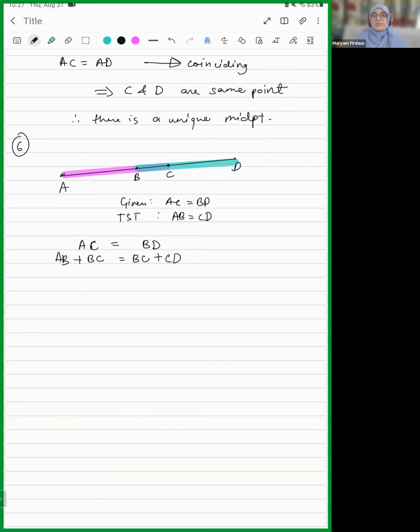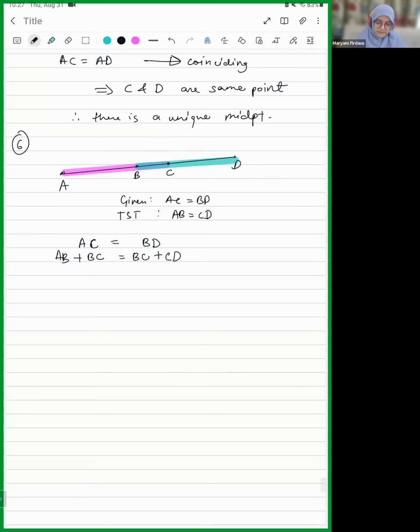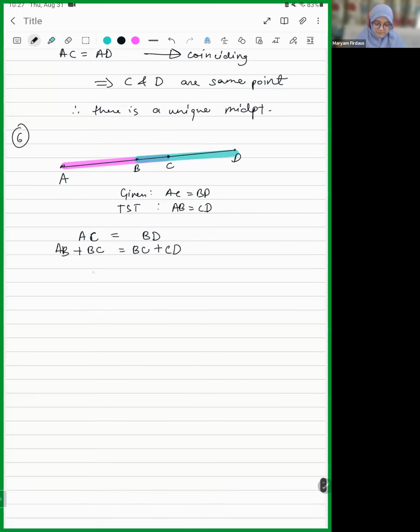We have seen that. Which axiom is it, Avni? Ma'am, the second one. Is it the second axiom? Acha, no, it's the third axiom.